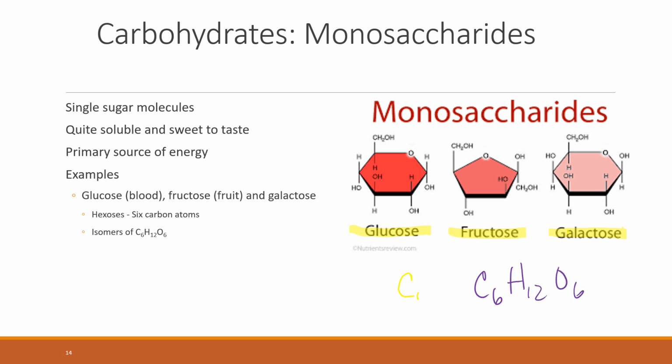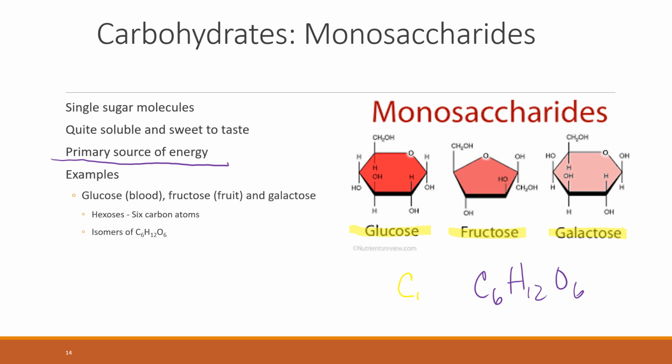So if you were to count the carbons, oxygens, and hydrogens on each of these, you'll see there's 6 carbons, 12 hydrogens, 6 oxygens, but you can see that they're arranged a little bit differently. So that's why you have 3 different molecules. So this is a single monomer or monosaccharide. These taste the sweetest. They're a primary source of energy for cells.